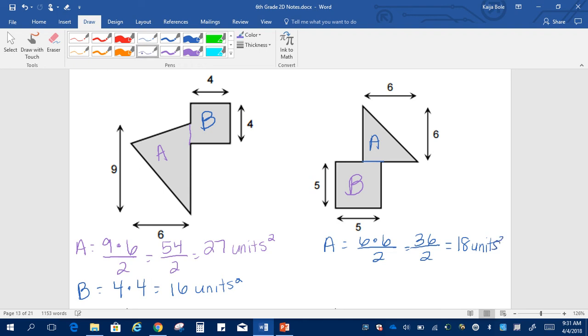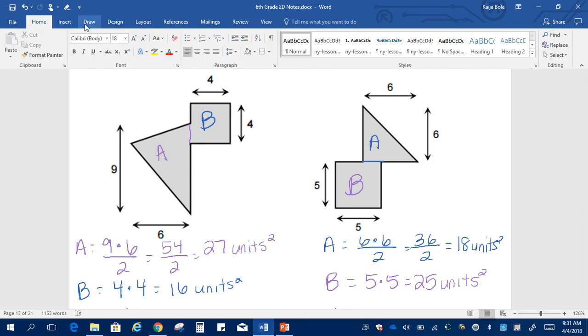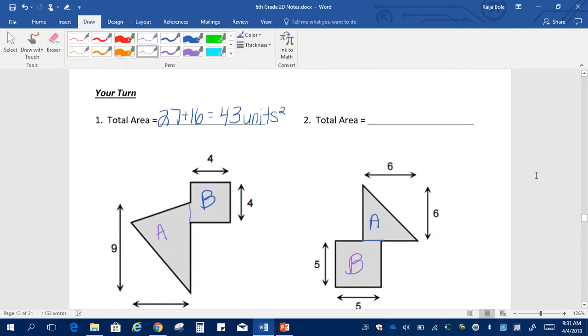For part B, our square, we have 5 times 5, which gives us 25 square units. Now up top, we're going to add them together. Our 25 plus our 18 gives us 43 square units.